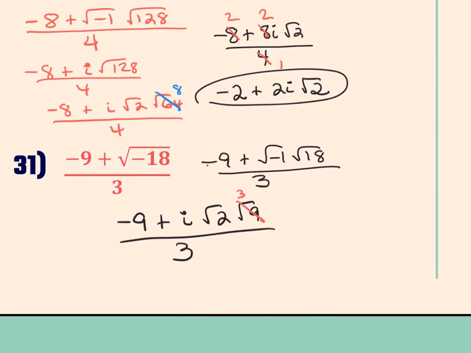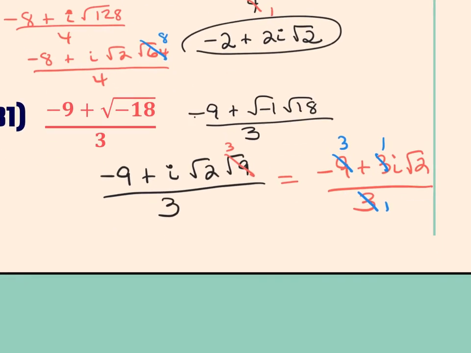So before I simplify, negative 9 plus 3i radical 2 over 3, and now I can simplify. Make it a 1, make it a 3, make it a 1. So final answer, negative 3 plus i square root 2.